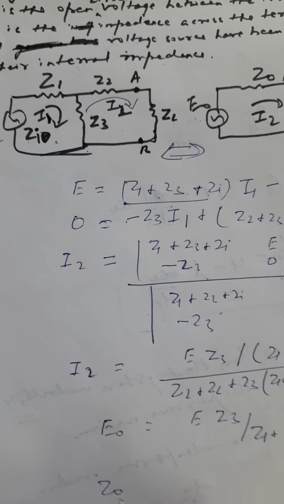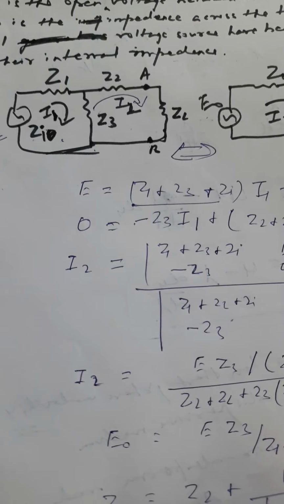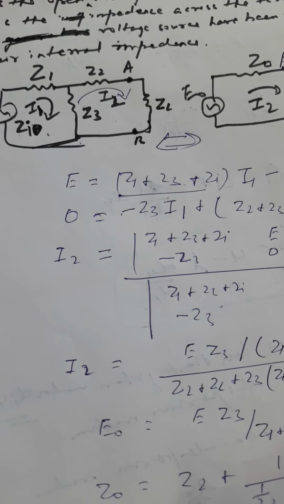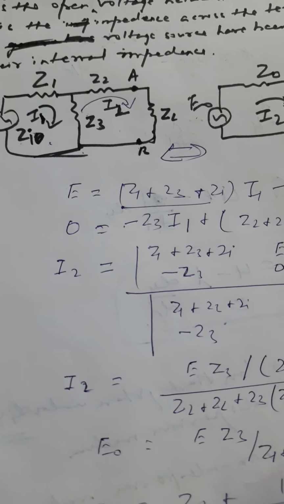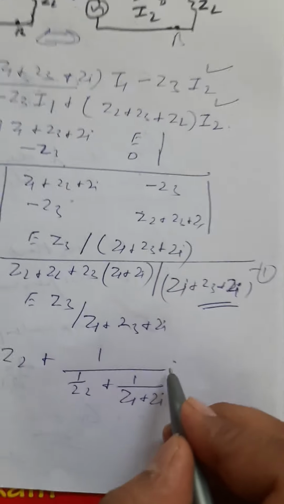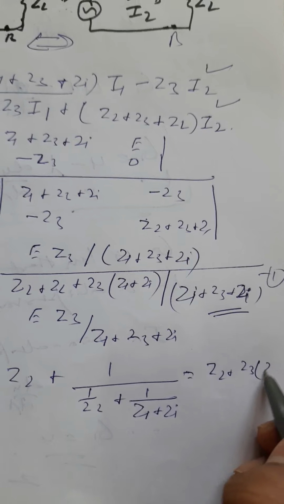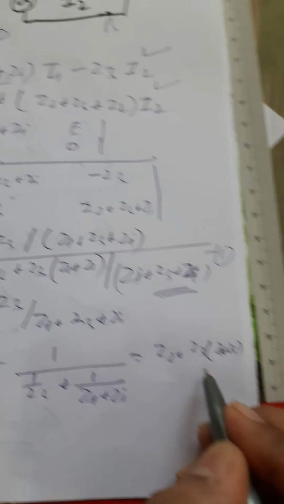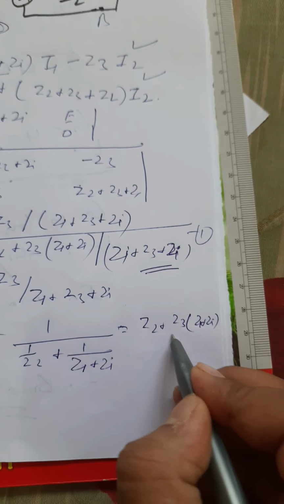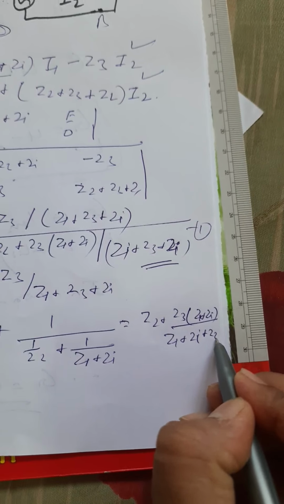So Z0 equals Z2 plus 1 divided by (1 by Z3 plus 1 by (Z1 plus Zi)). This will be equal to Z2 plus Z3 into (Z1 plus Zi), and this thing divided by (Z1 plus Zi plus Z3).